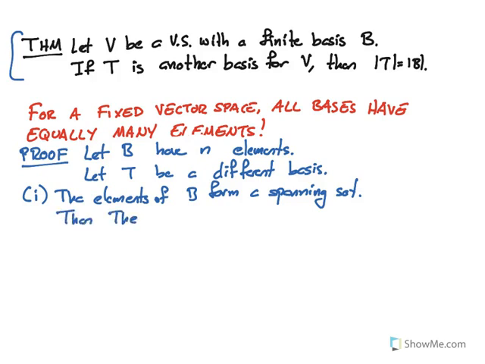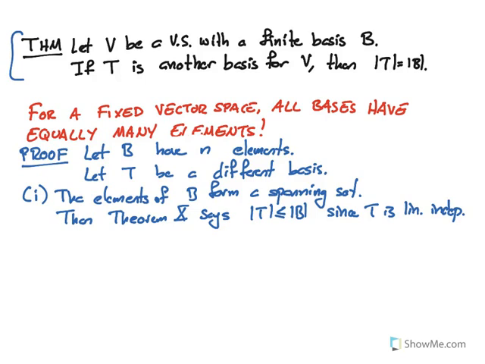Then theorem X says that the number of elements in T must be smaller than the number of elements in B, since T is linearly independent. Right?